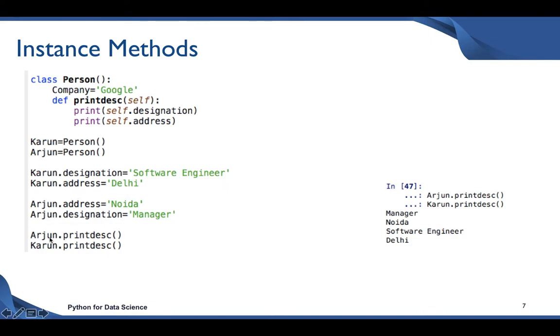And if we call this function, so when we call Arjun, all the variables which we have created under the Arjun object would give us self dot designation and self dot address. And if we create the variables under current, it will give the variables referred under current, that is, the instance variables of this current object, and in Arjun we will get the instance variables of Arjun. So let's see how it works.